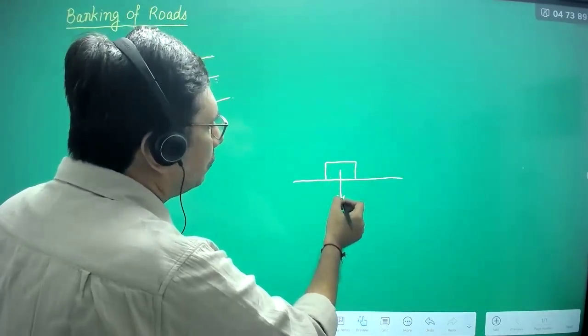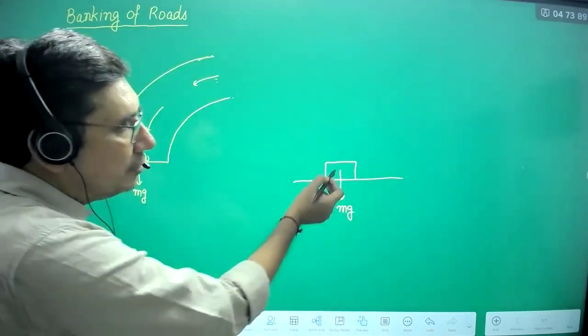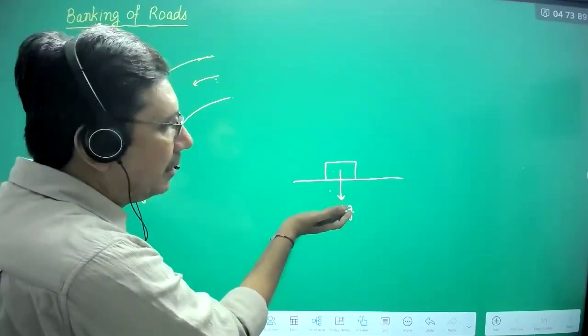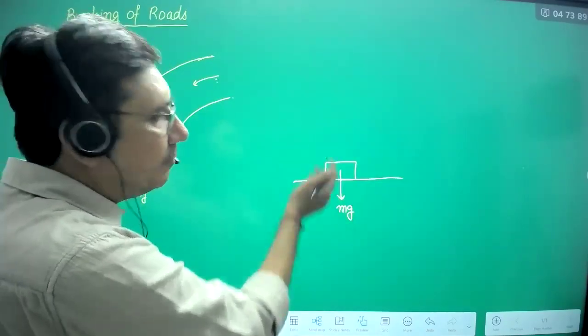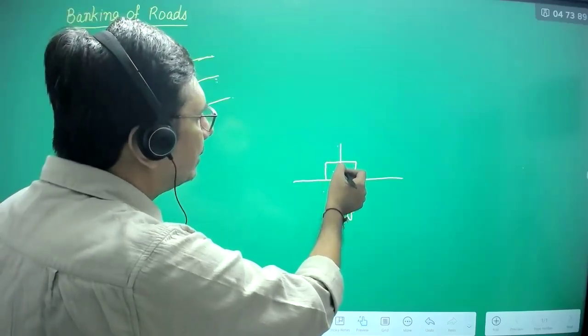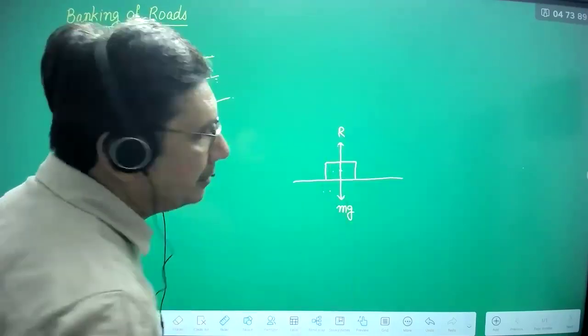The weight of this block is going to act in the downward direction, that will be mg. And because this block and earth are in contact, a contact force will be there. A normal reaction will be exerted by the earth on this block in the upward direction, and you call it N or R.